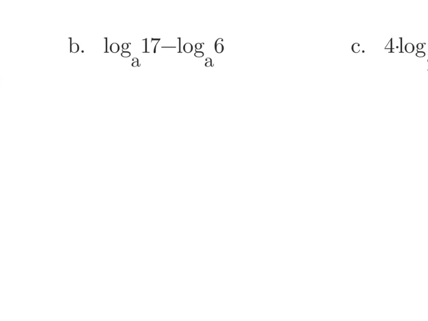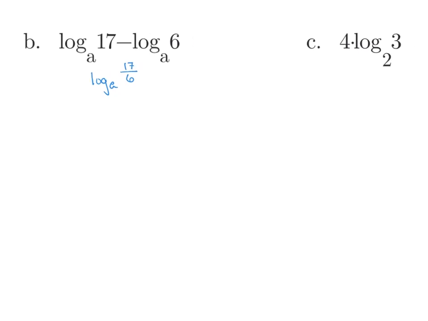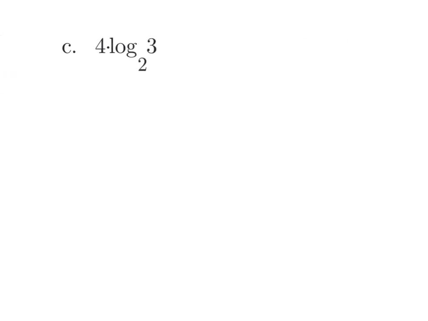For example B, we have a subtraction. Remember that subtraction becomes division. So when we convert to a single logarithm, this is going to be log base A of 17 over 6. And for our last one, we have 4 times log base 2 of 3.